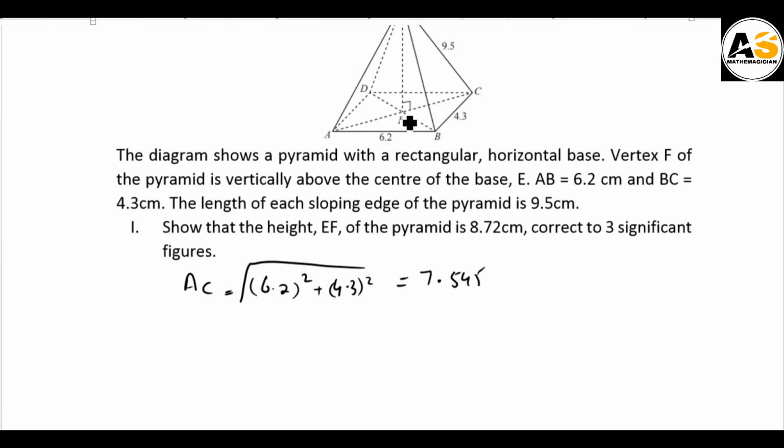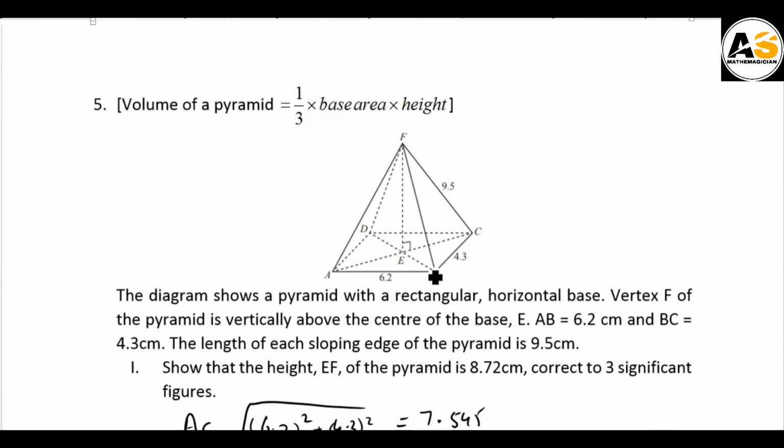And what will be the length EC? It will be half of AC, which will be 3.77 approximately centimeter. Now we have to find its height, EF. Consider this triangle. This is the base, 3.77, we just calculated.